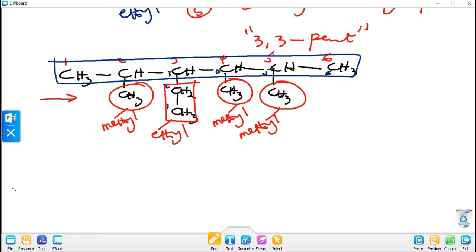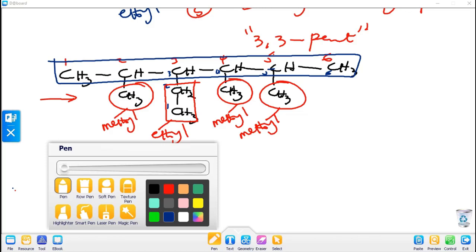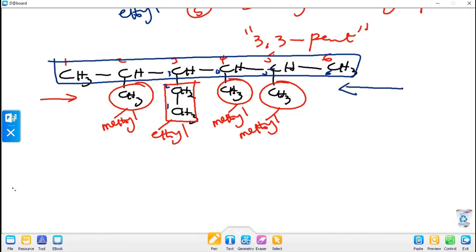But if we choose to come from the right-hand side, then it means we are going to have this as carbon 1, this as carbon 2, and here will be carbon 3, and this will be carbon 4. That is to say, ethyl will fall under carbon 4, and here we have carbon 5, and lastly carbon 6.